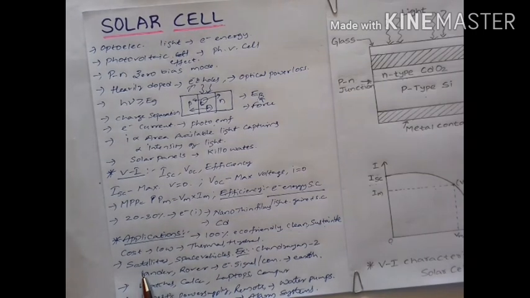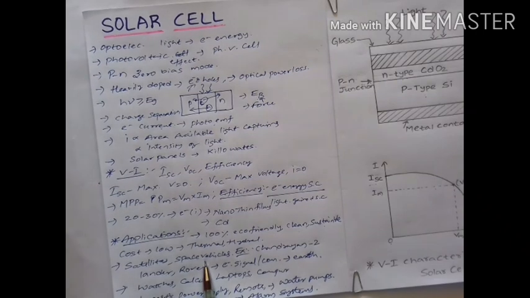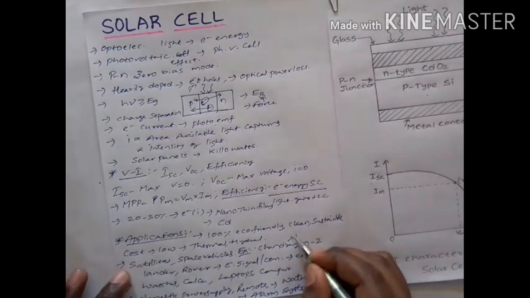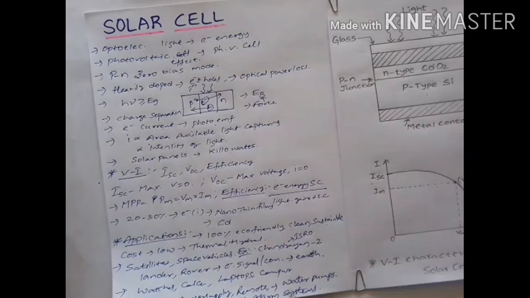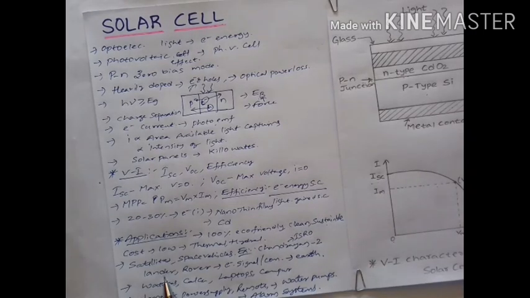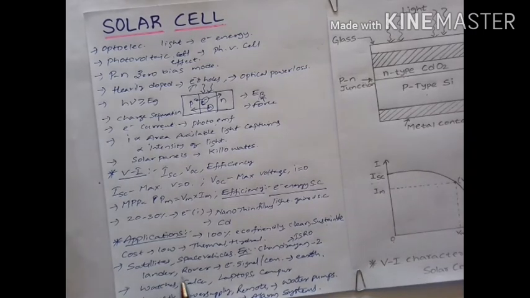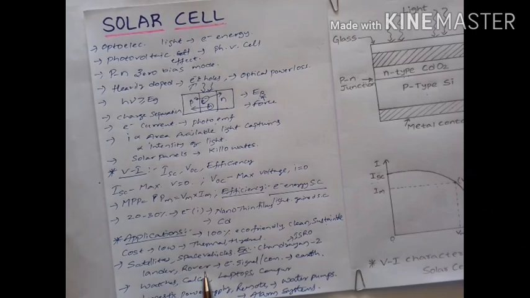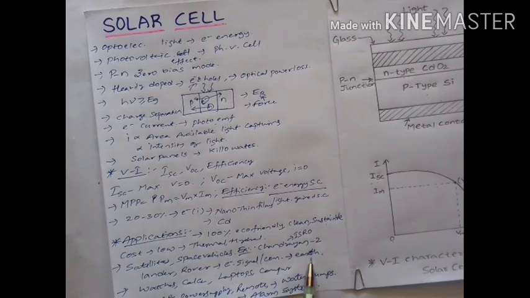And we can use this solar energy in satellites and vehicles. A very good example for that is Chandrayaan 2, which was launched by ISRO in recent days, and the components of that satellite, that is the lander and rover, which will detect and get information from the moon, use the energy from the solar panels, and after charging up from the solar panels they will send electrical signals or communications to the earth.